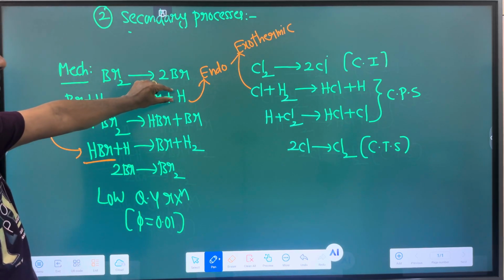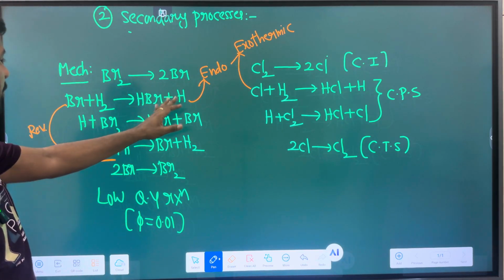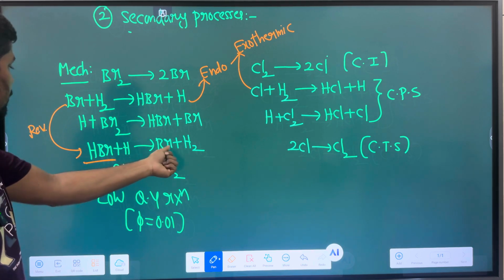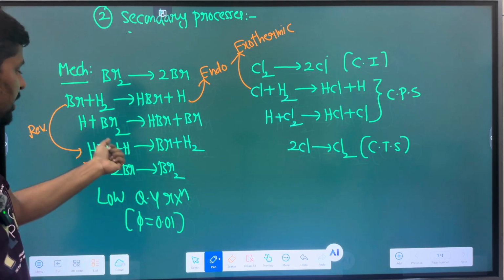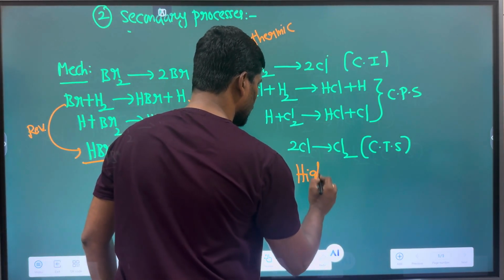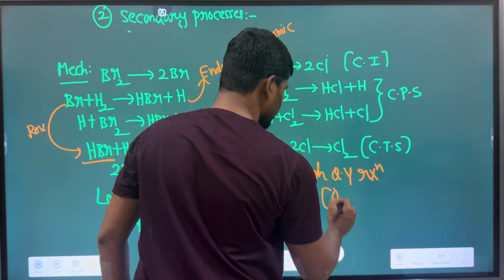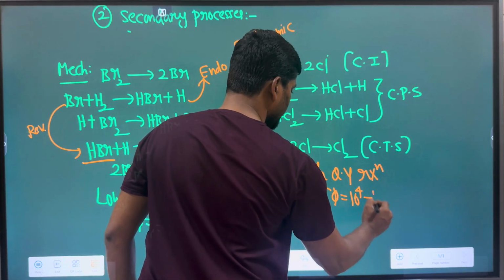The main reason is that here the second step is an endothermic reaction, while there the second step is exothermic. So the reverse reaction is exothermic and also occurs, where HBr is consumed. So this is an example for what? A high quantum yield reaction, and its quantum yield is in the range of 10 power 4 to 10 power 6.